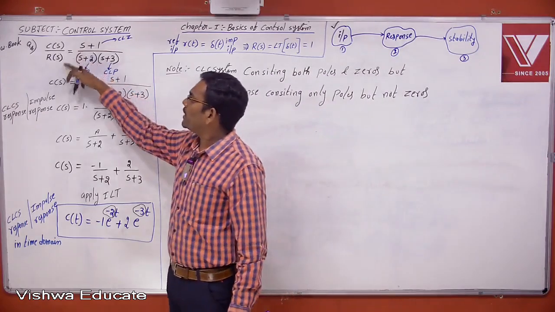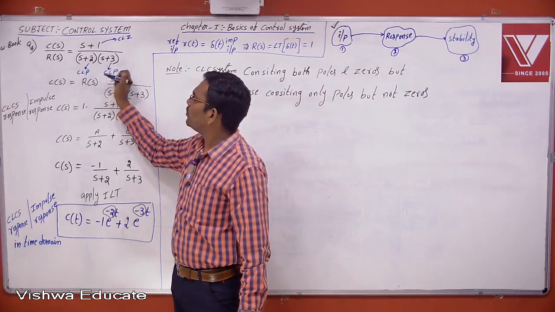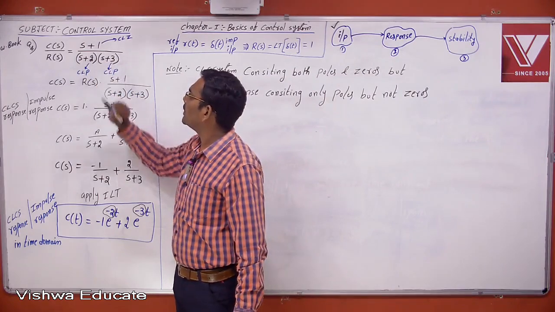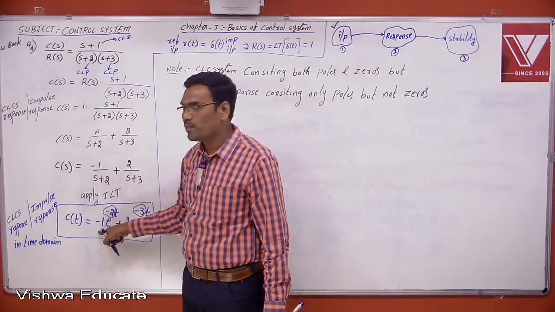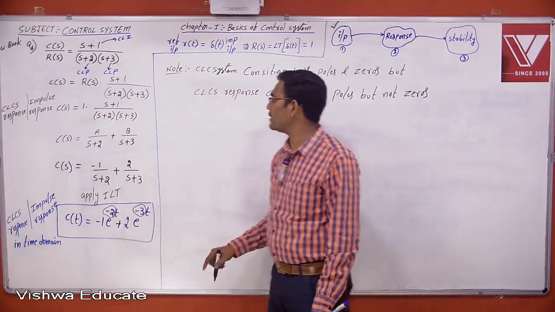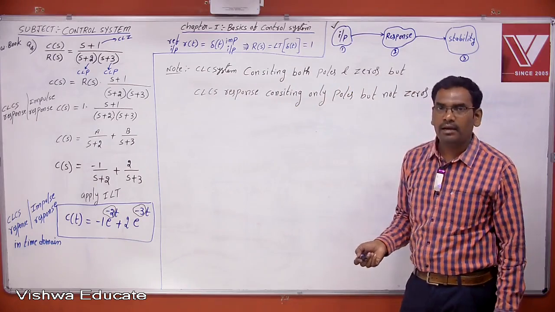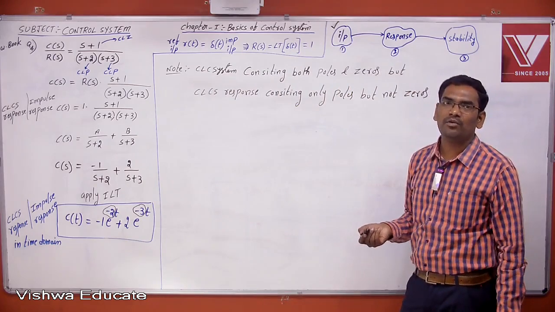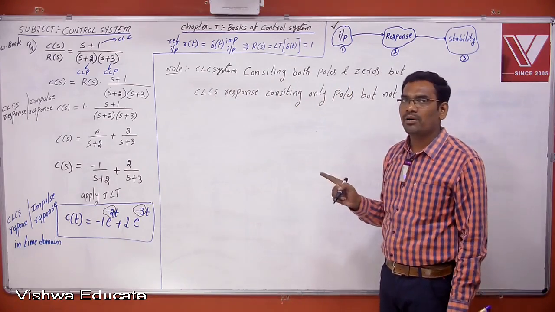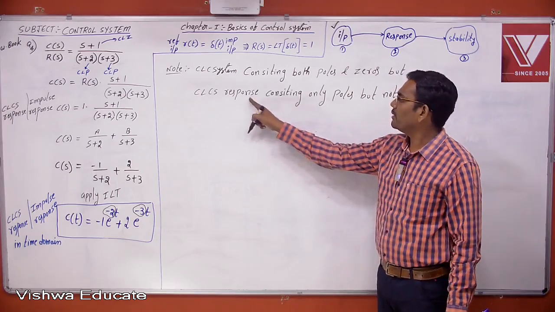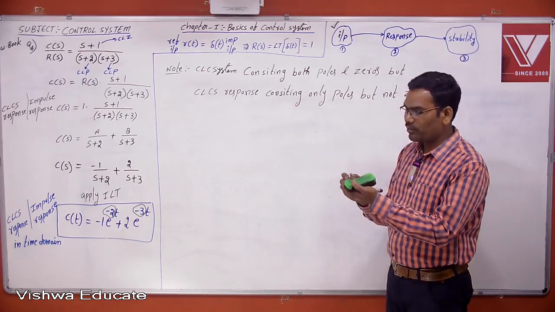The closed loop control system consists of both zeros and poles, but the closed loop control system response consists only of -2 and -3, which are nothing but closed loop poles. This is a very important and easy statement for you: the response, the output, is decided only on poles.